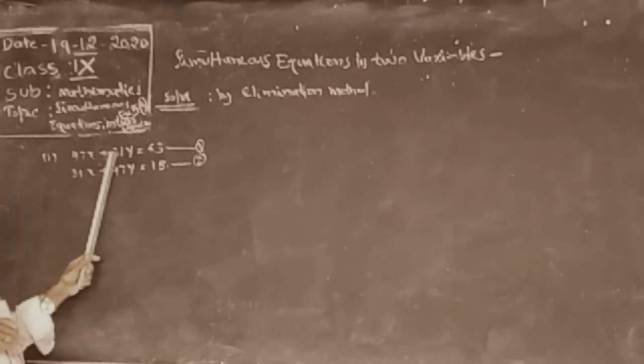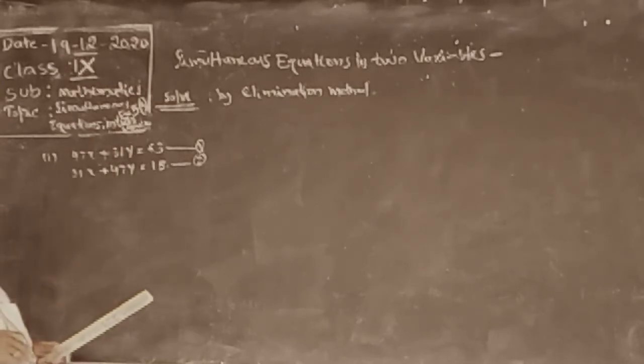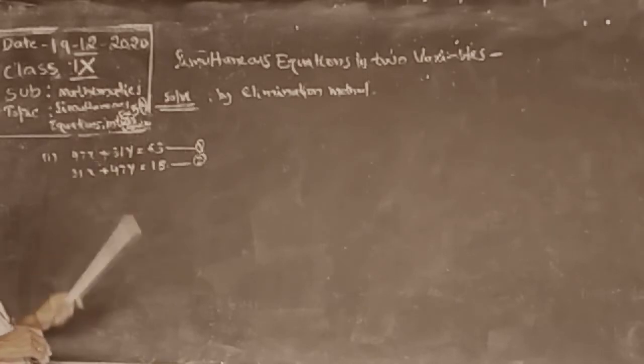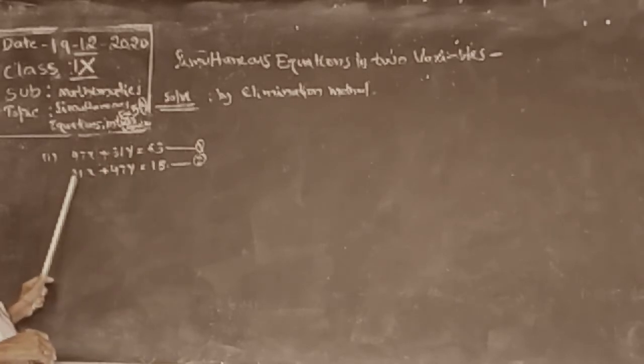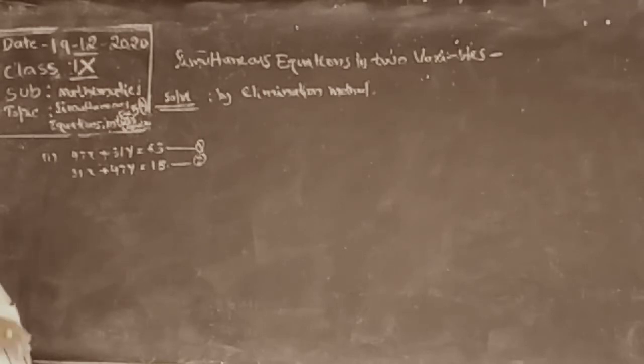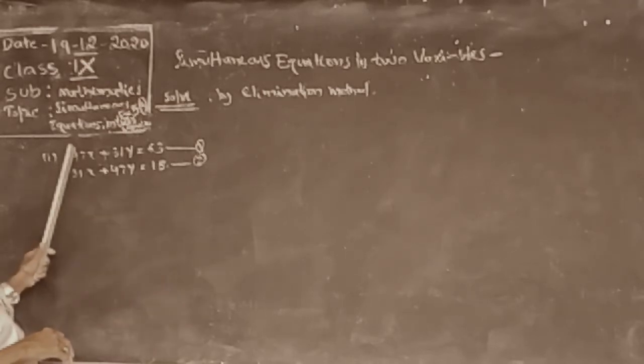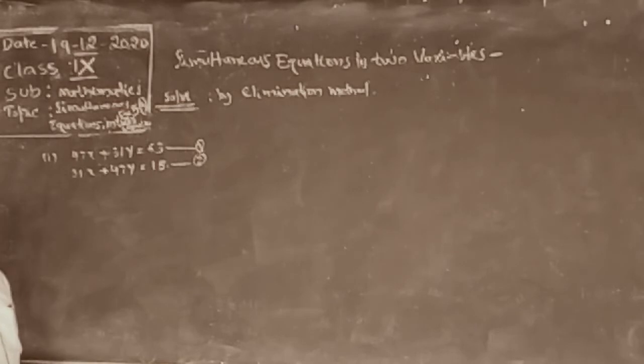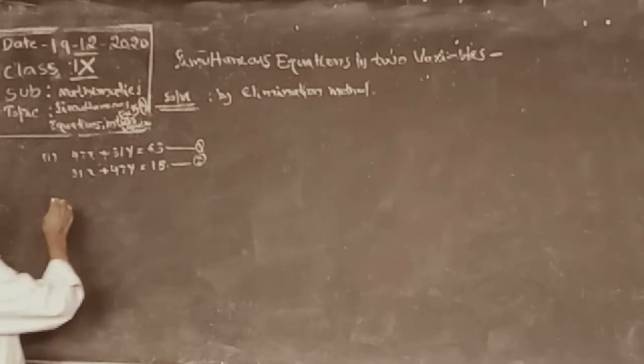And the coefficient of y in the first equation is 31. The same 31 is the x coefficient in the second equation. Whenever the problem is like this, it is easy: once we add and subtract, we get two separate equations.